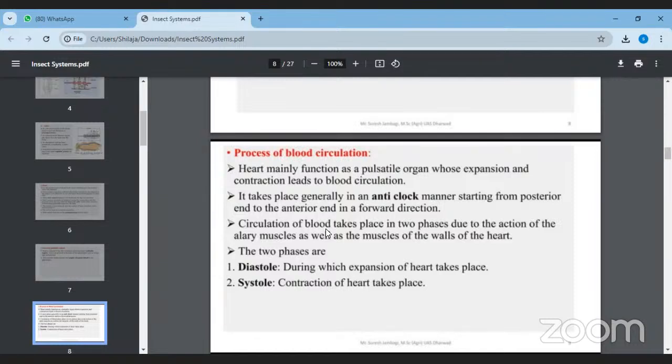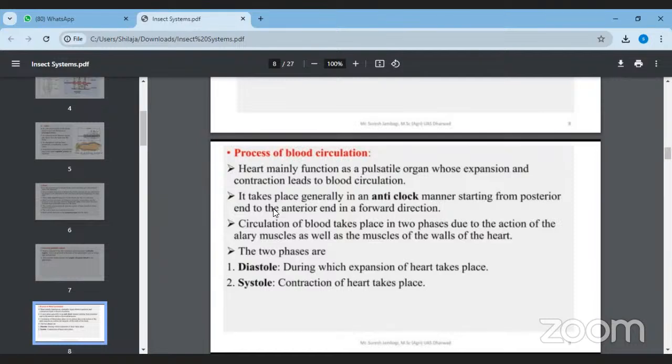So what we are going to say is the diaphragm divides the dorsal pericardial sinus and the perivisceral sinus around the visceral organs. And it takes place generally in an anti-clockwise manner, starting from the posterior end to the anterior end in the forward direction.